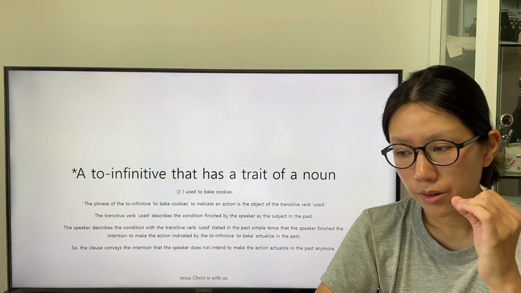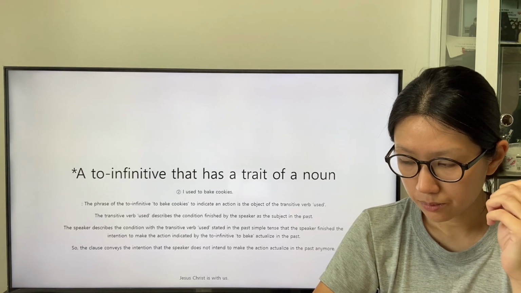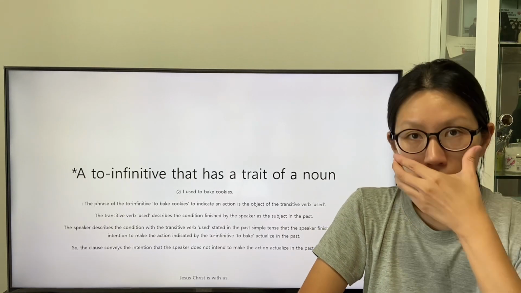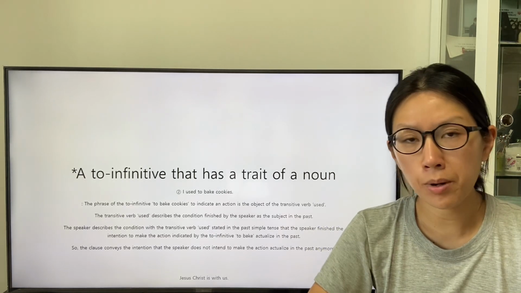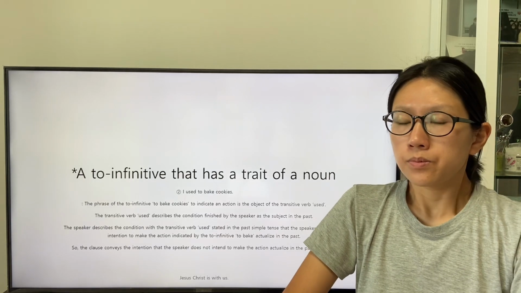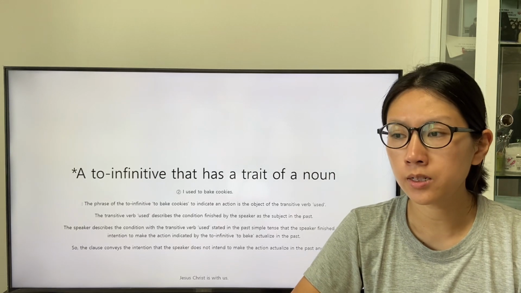So the moment in the past when the subject assumed an experience, a condition, or an action to be actualized is stated with the application of the modal verb will.